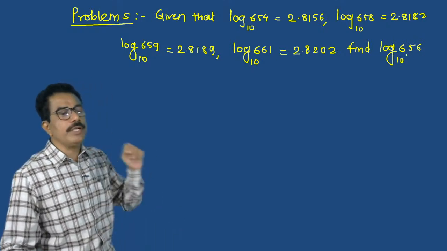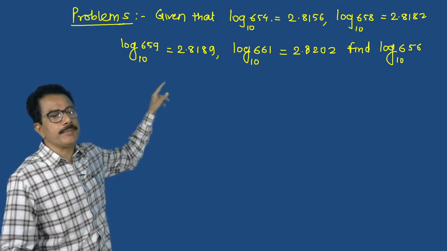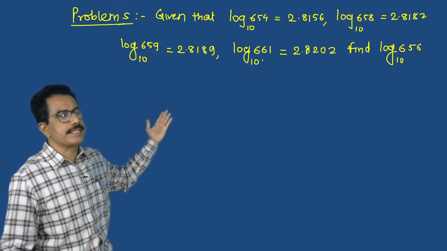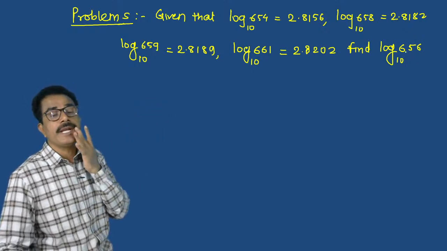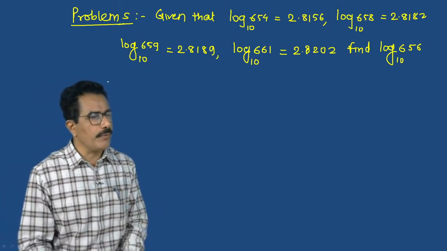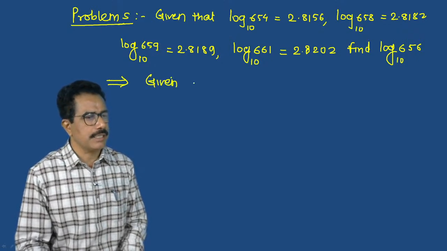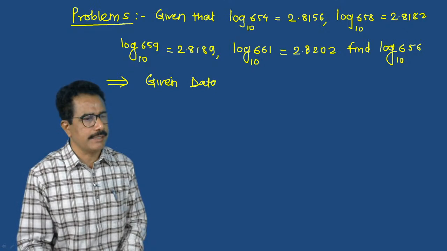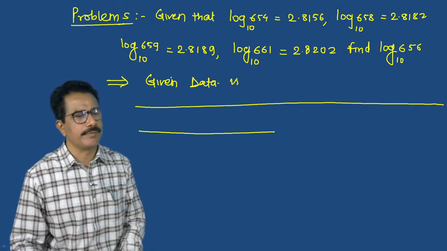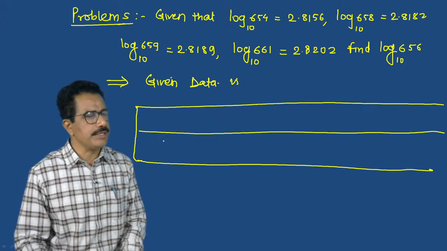See this, we have to find out 656, but what we have given? 654, 658, 659, 661 we have given, and we have to find out 656. So we can write the solution. Given data is, we shall write this in the table form, then it will be easy for writing.